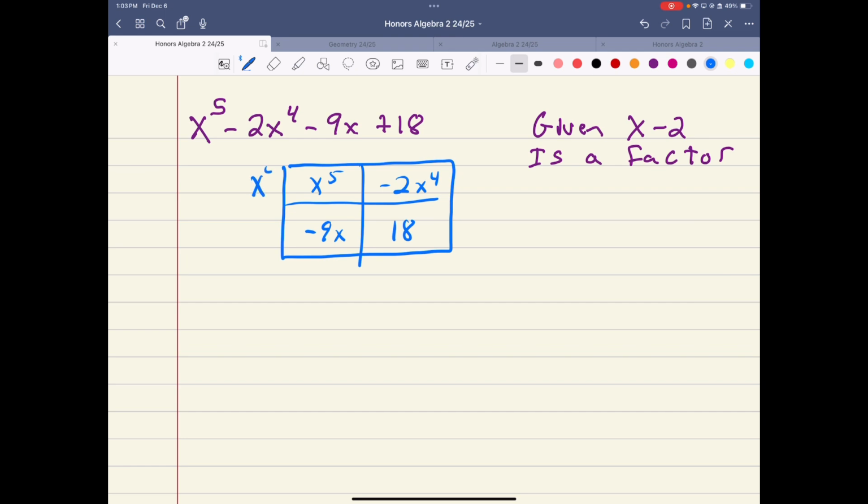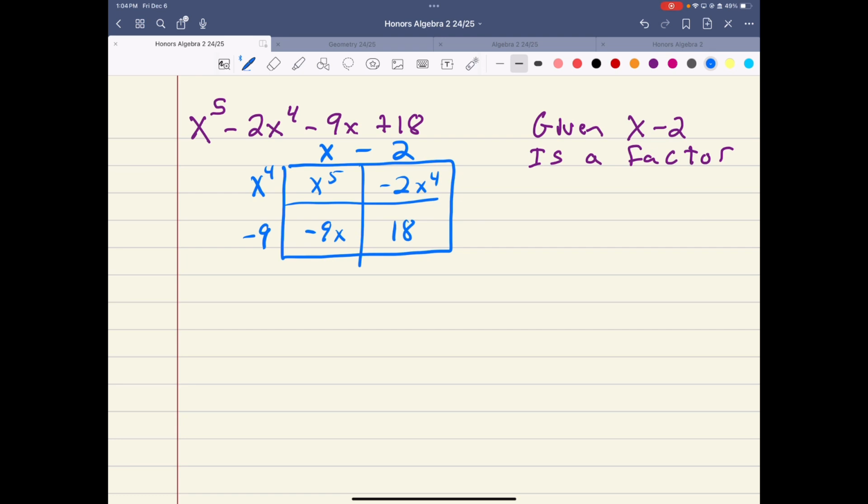This would be x to the fourth, right? That makes that x. This would be negative 9. That's negative 2. Box method seems to work, right? And it showed us that one of the factors was x minus 2.